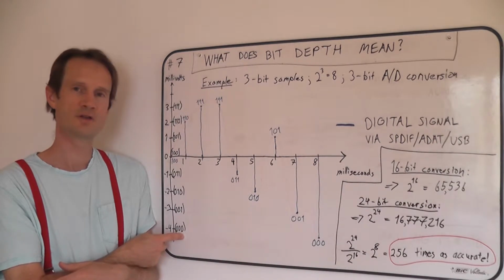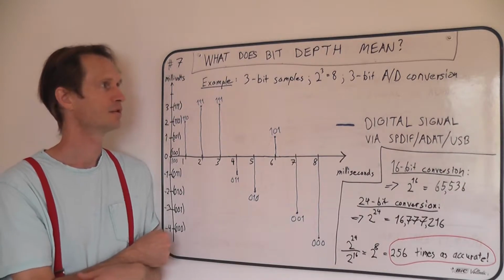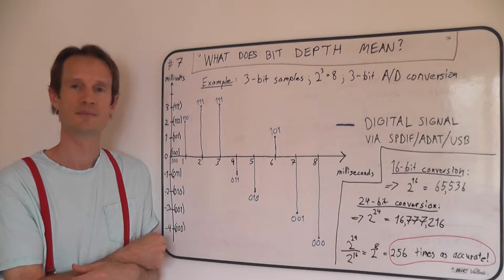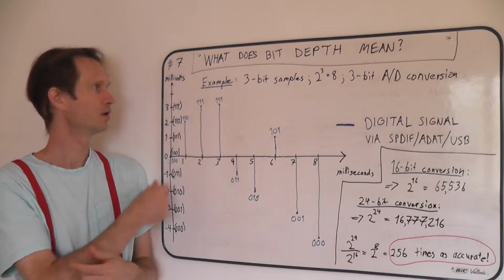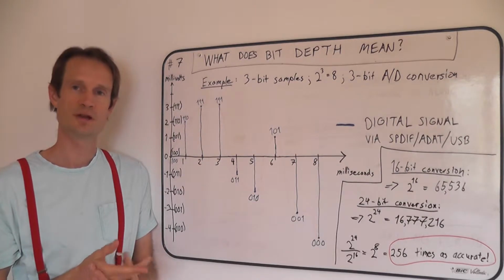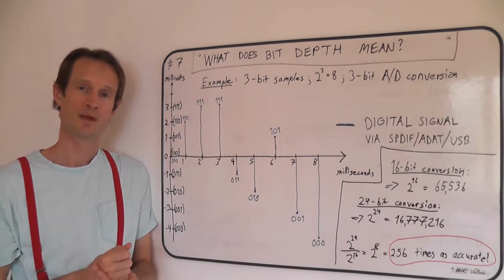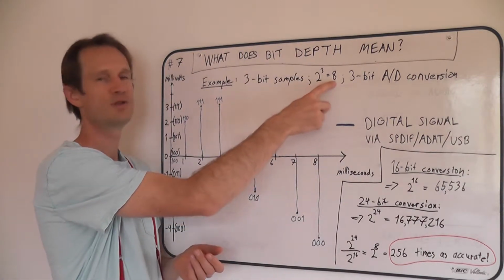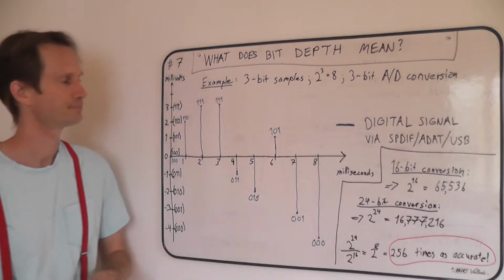And for the third digit of our number, we have 2 possibilities. So, if you want to calculate the number of possibilities that we can encode with 3 bits, that's 2 times 2 times 2, which is 2 cubed, or 2 to the 3rd power, which if you calculate equals 8.